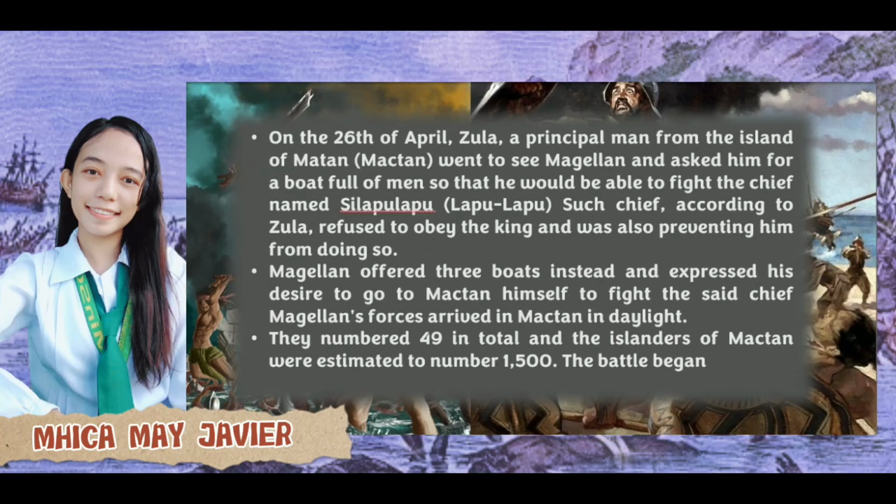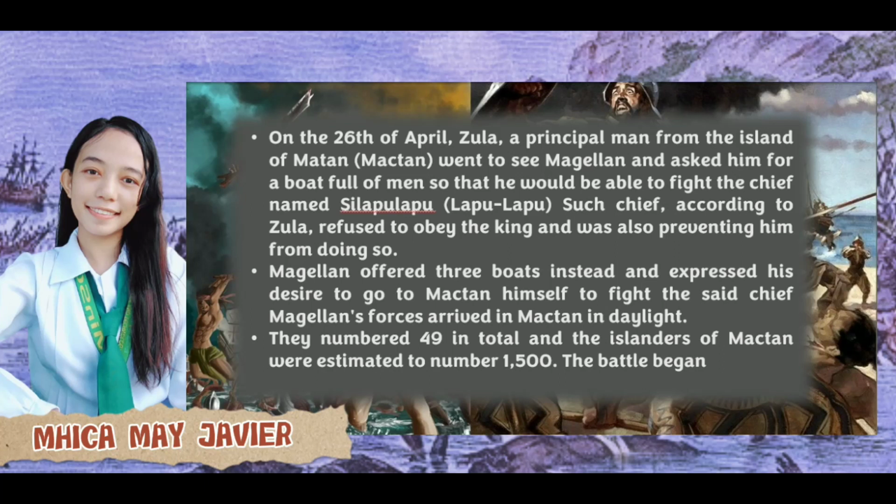And on the 26th of April, Zula, a principal man from the island of Mactan, went to see Magellan and asked him for a boat full of men so that he would be able to fight the chief named Lapu-Lapu. Such chief, according to Zula, refused to obey the king and was also preventing him from doing so.